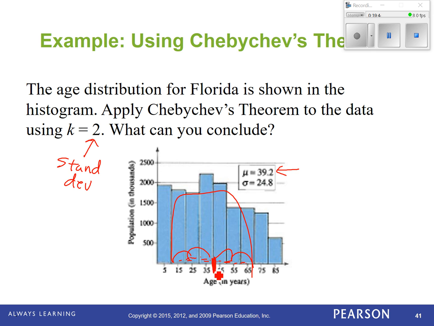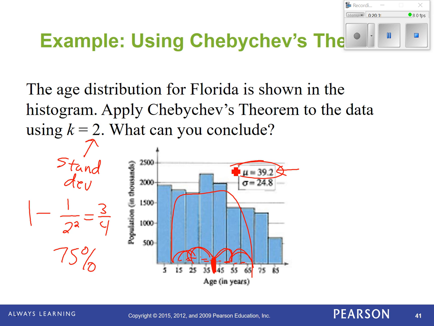Well, just like with what we had before, we do 1 minus 1 over k squared, but k this time is 2, so 2 squared. We just got done doing this, and that ends up being 3/4, which is 75%. So we're saying that 75% of the data should fall within those 2 standard deviations above and below that 39.2, which is our mean.